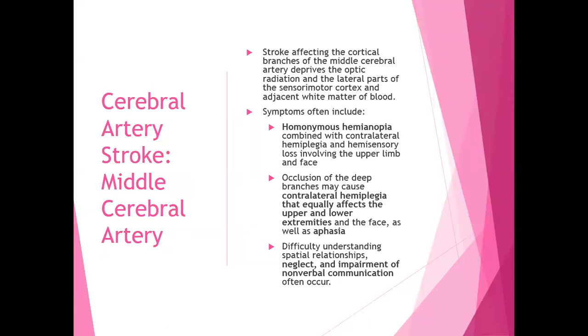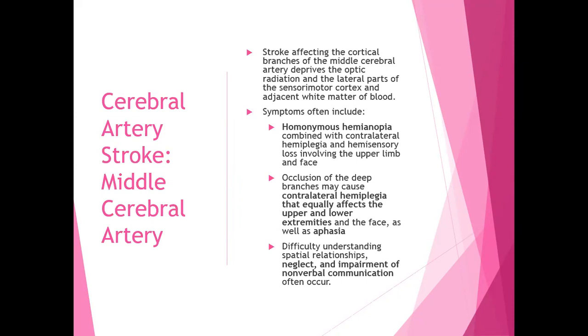Middle cerebral artery stroke, that's what we consider to be our typical stroke symptoms, just because 69% of ischemic strokes are middle cerebral artery. So a stroke affecting the middle cerebral artery deprives the optic radiation and the lateral parts of the sensory motor cortex and adjacent white matter of blood.